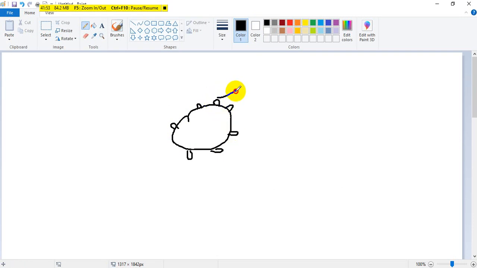So we have antigens, antibodies binding. Let me erase this. We have different antibodies binding. So we have this antibody binding to this. Antibody binding to this one too.